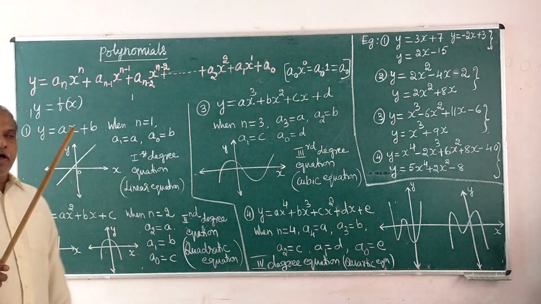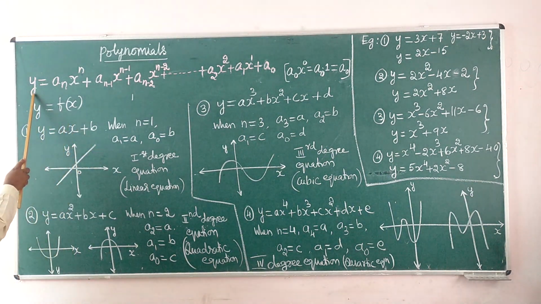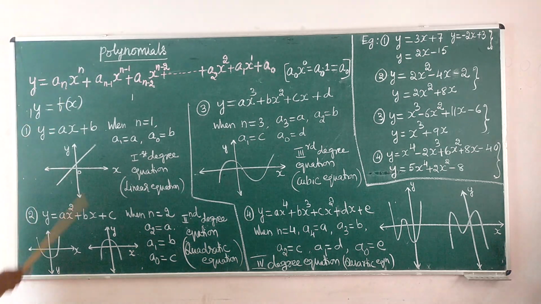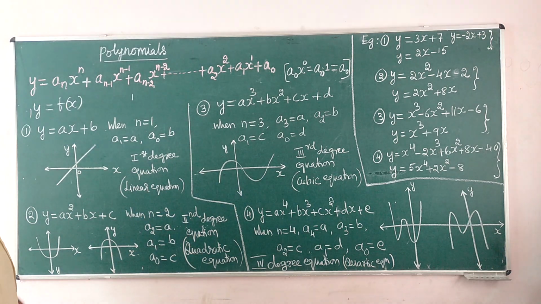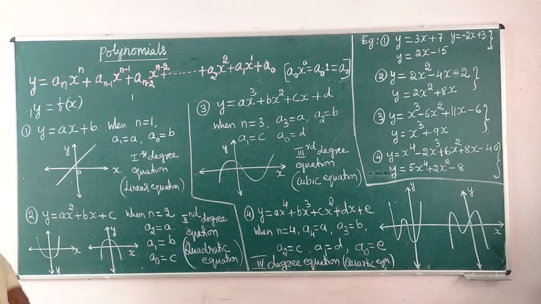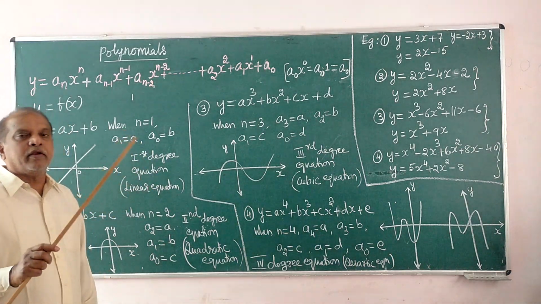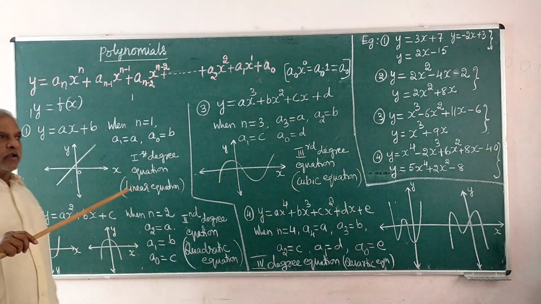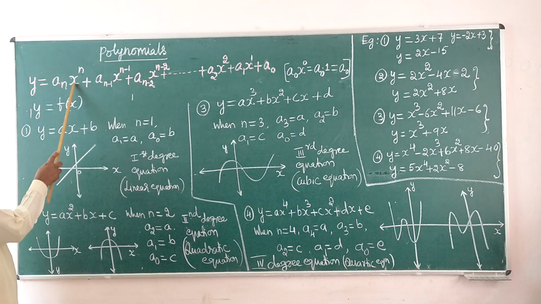The resultant value is y. For any value of x, there is a value of y. If the value of x changes, the value of y also changes. The value of y depends on the value of x. That is why it is called the dependent variable. Y is known as the dependent variable, x is called the independent variable.